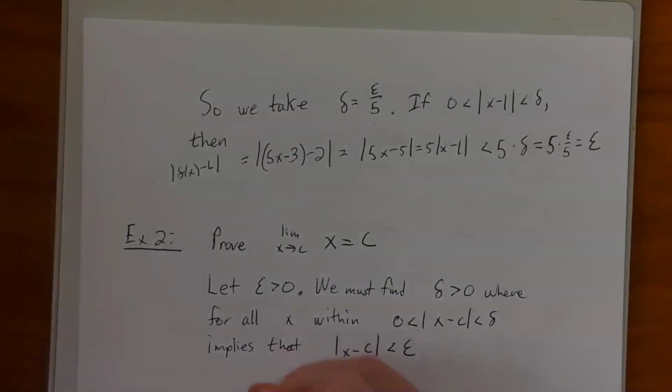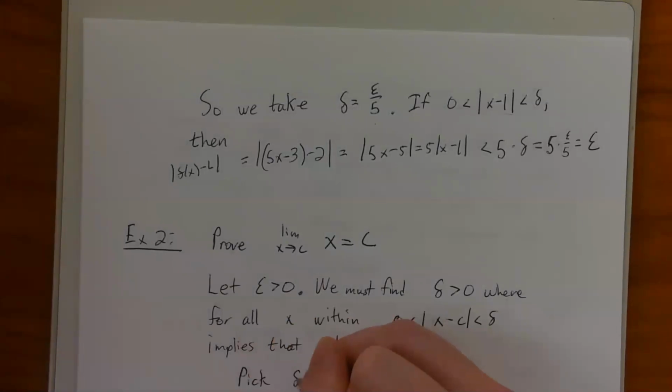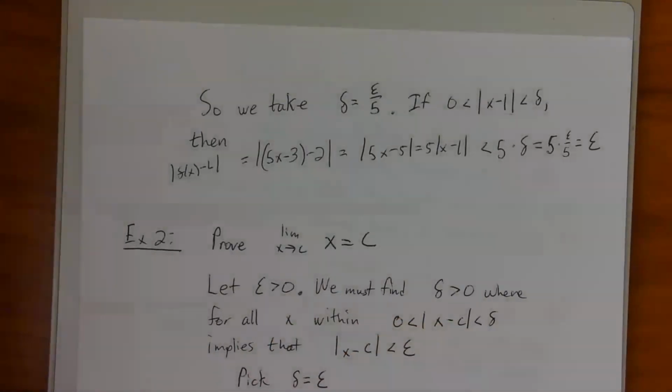Well, guess what? This is really easy. Just pick delta equal to epsilon. If delta is epsilon, then given this statement right here, we have that the absolute value of x minus c is less than epsilon, since delta is epsilon, and that's exactly what we wanted to show.